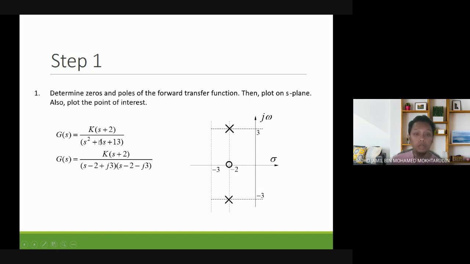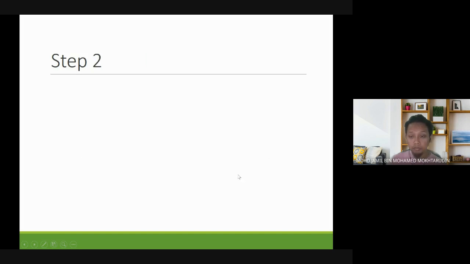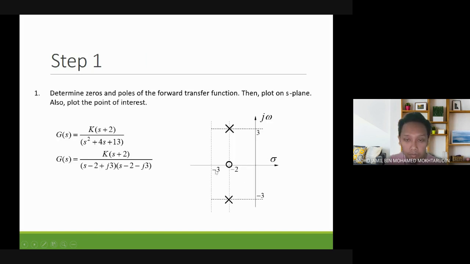You can use the quadratic formula, so you get -2 ± 3j. We plot all of this on the S-plane, and don't forget the -3 here. We also put it on the S-plane, so -3 is the point of interest.